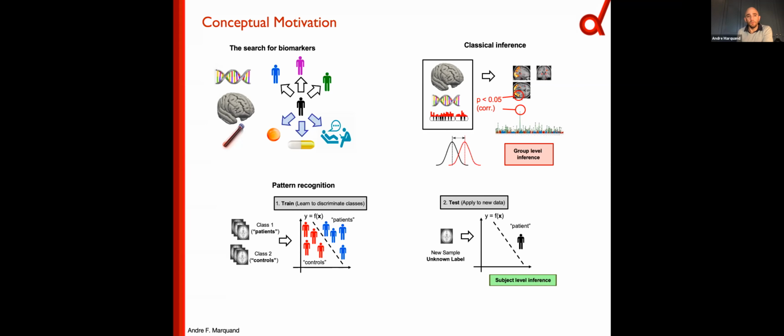The central idea is that we've moved from making inferences about groups to making inferences about individuals. We can also use this kind of methodology for quantifying group separation.